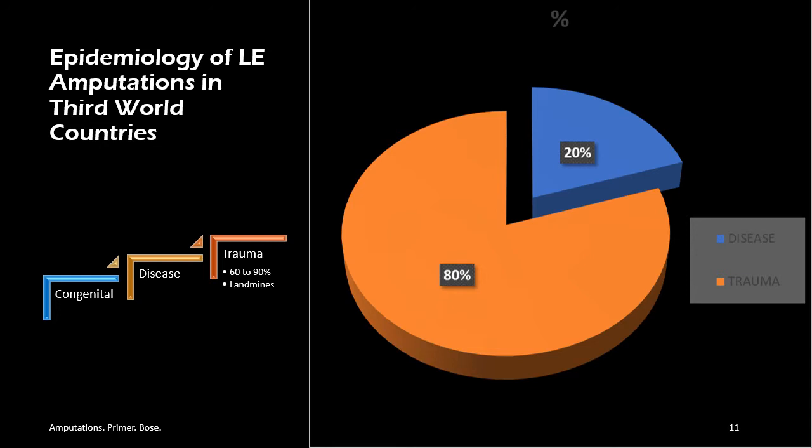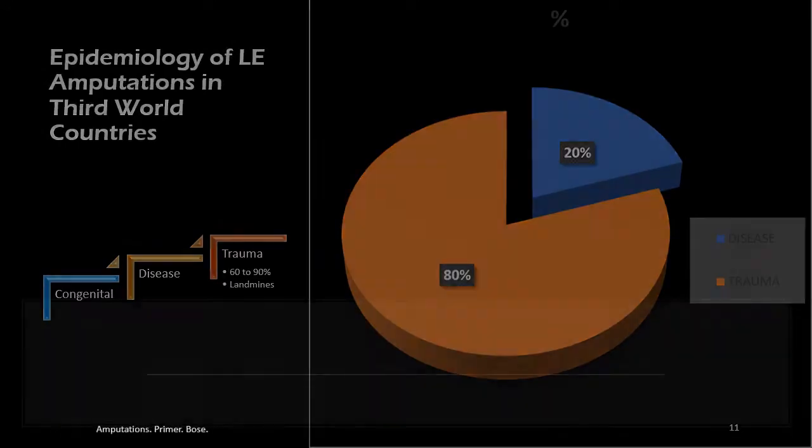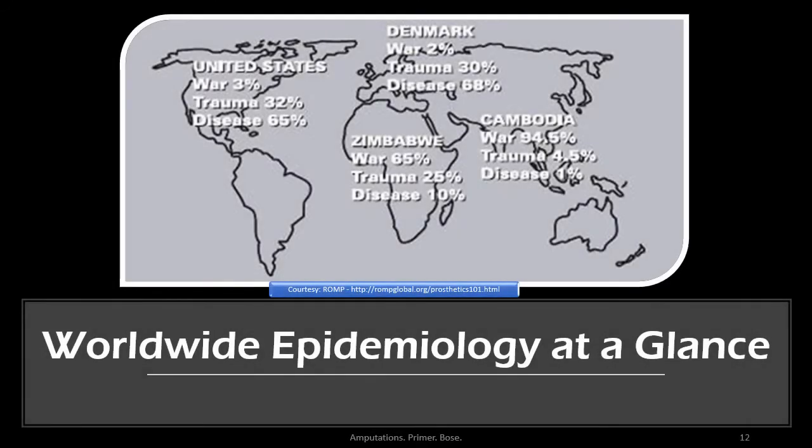Disease and congenital malformations are relatively much less as a cause of amputation in the third world. This slide shows you a worldwide epidemiology at a glance.